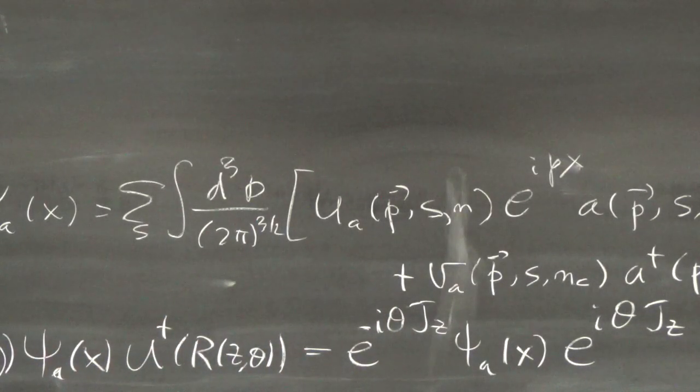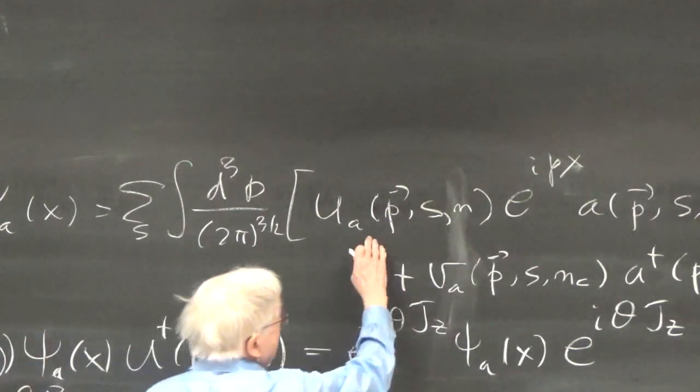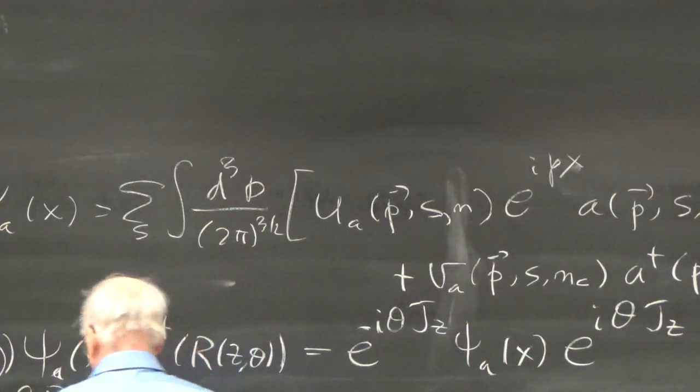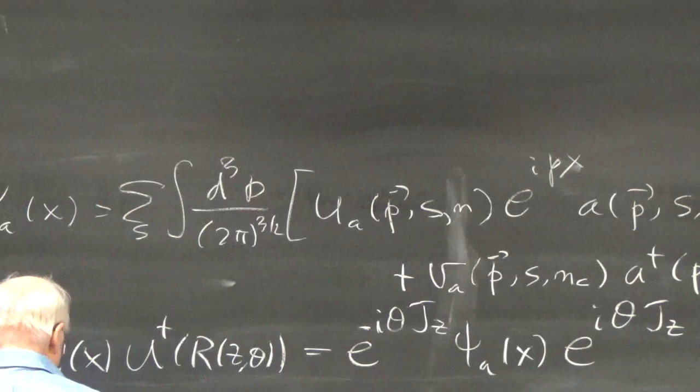And so this is a sum over S, integral d^3p over (2π)^(3/2). Now, these things remain invariant, but of course the annihilation operators are going to change. They're going to change according to these equations.